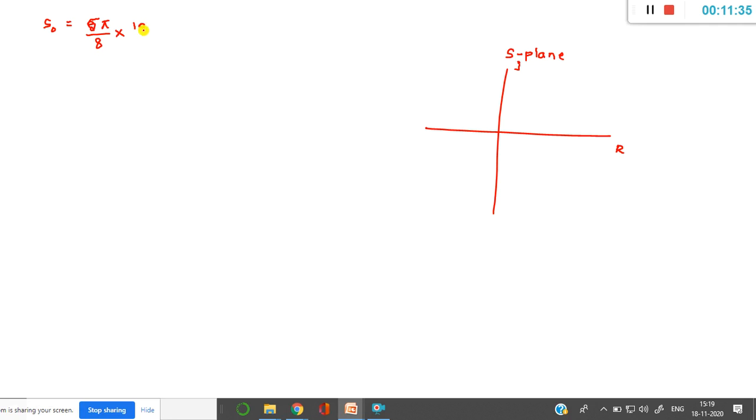Where does it lie? Let me convert this to degrees so that it will be very easy for me. If I want to convert this into degrees, that is 180 divided by pi, pi and pi get cancelled. What is the degree that we're going to get here? Quickly, how much in terms of degrees?